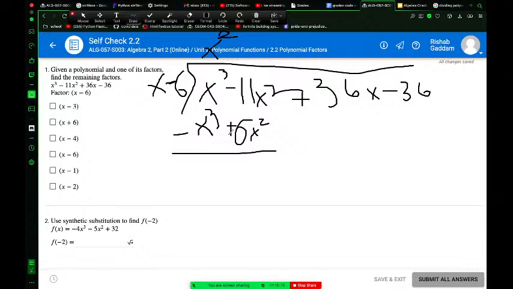And basically you add the whole thing together. This cancels out. And this becomes negative 5x squared plus 36x, and then now you just repeat the whole process until you have like a full factor.